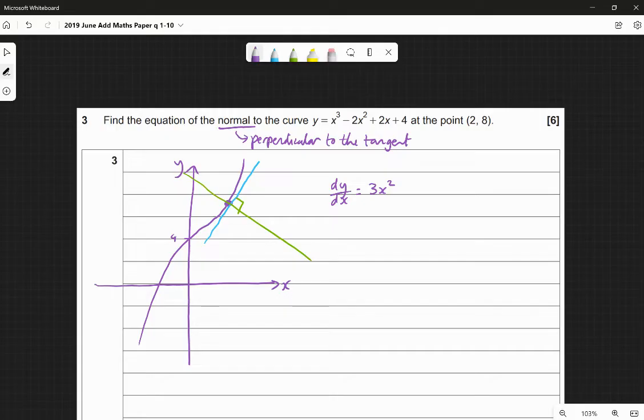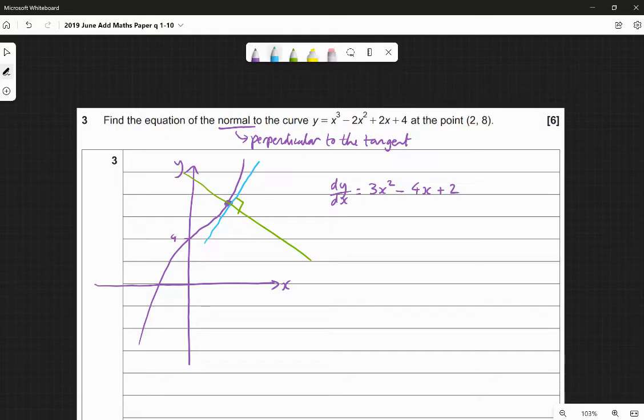Minus 2x squared will become minus 4x to the power of 1. And then 2x will become plus 2. The number 4 differentiates to 0. So this here, dy by dx, is my gradient formula. That is the gradient of the tangent to the curve at any point on that curve.